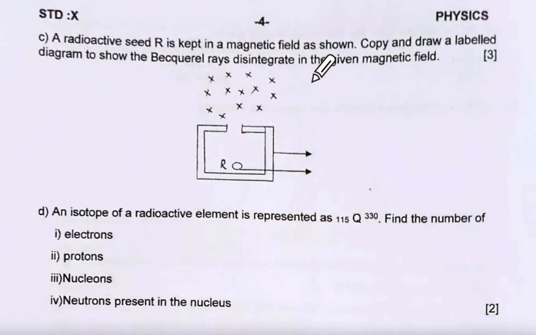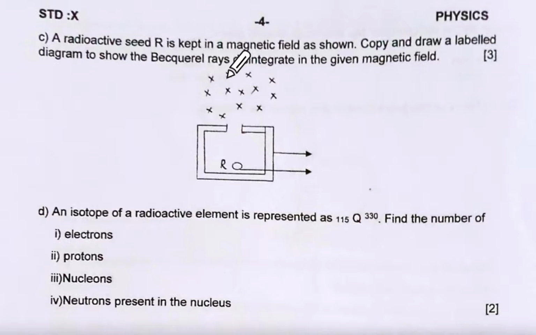305, no? You said? Yes, ma'am. 7th line. Normal to the plane of the paper and inwards, correct? Yes, ma'am. Seventh line, double underline that inwards.